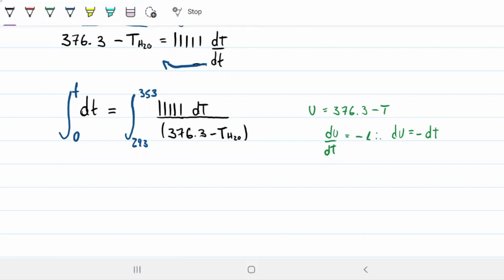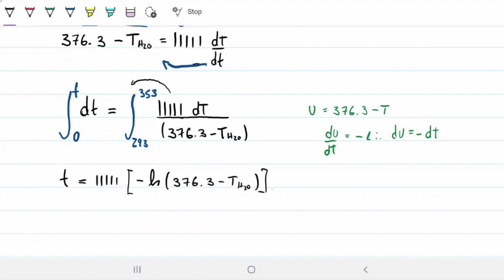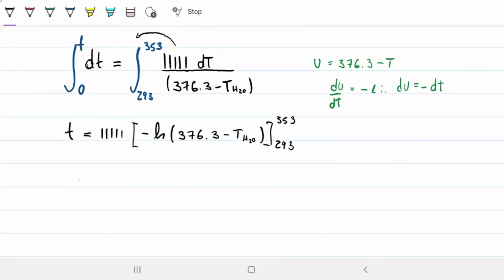This turns out to be T on this side here, from 0 to T, and on this side we get 11,111, because this can leave the integral, and I'm going to get minus natural log of 376.3 minus T H2O, going from 293 to 353. Okay, this negative here comes from this negative one. Then we can sub in the values.